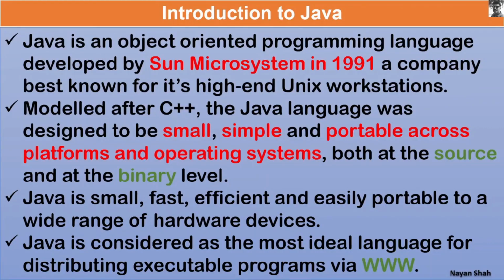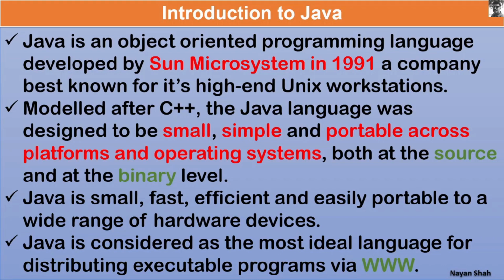Introduction to Java. Java, as you know, is an object-oriented programming language, and it was developed by Sun Microsystem in 1991. Sun Microsystem is the company best known for its high-end Unix workstations. It is a very popular company in developing software.